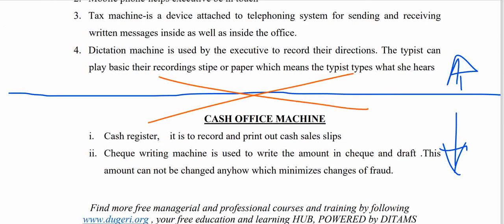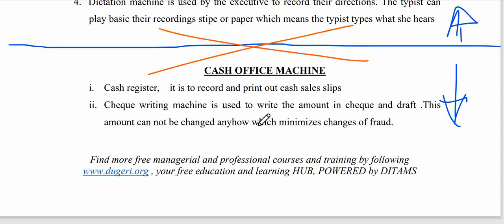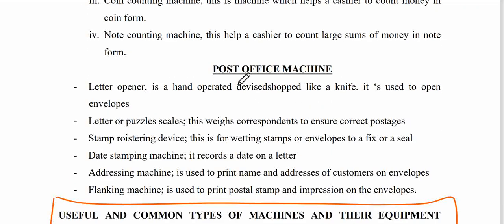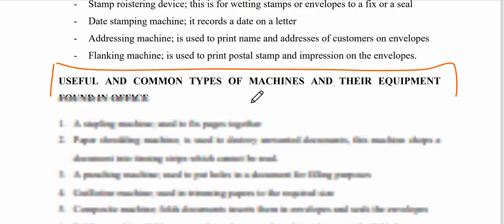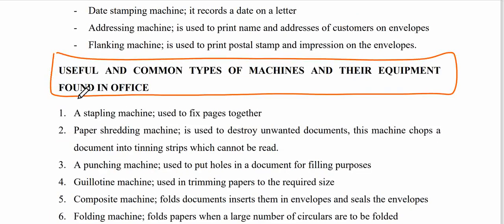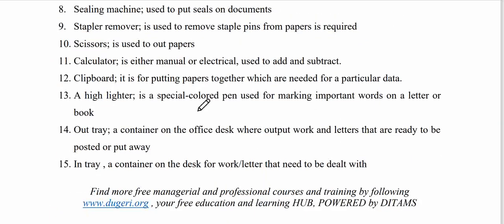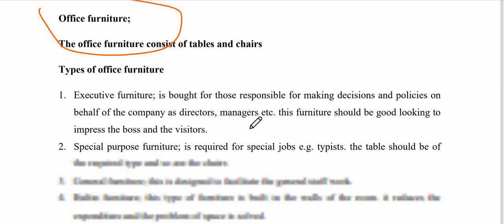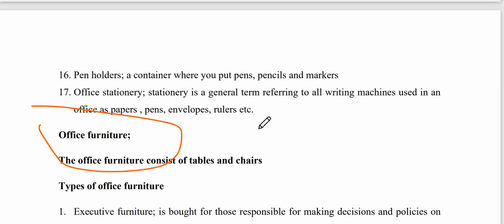All right, so you can revise. Maybe you can just ignore this topic because you don't need that. And post office, you revise that, and this part as well. You check through, and most importantly, office practice and office furnitures.